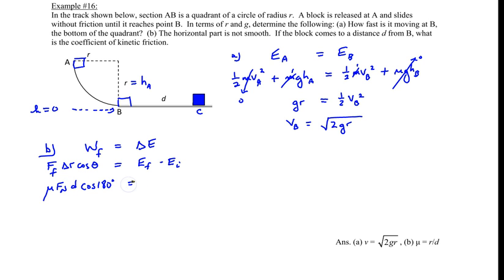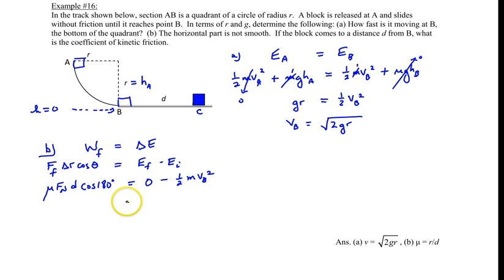And then the final energy. Now, the energy it has at C is really nothing. It doesn't have any energy because it lost it all. And the energy initially, we could use either A or B. It really doesn't matter. Let's go ahead and use the energy at B here. So it'll be 1/2 m v_B squared.